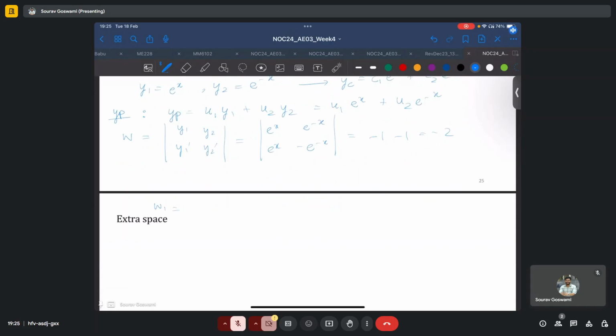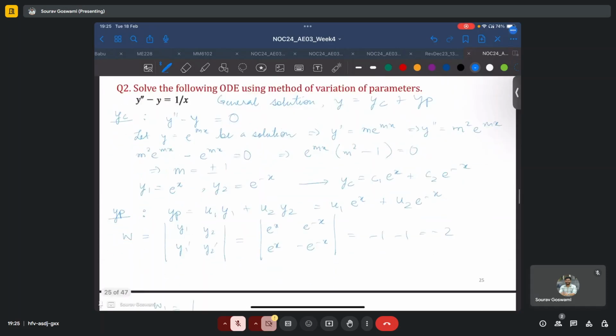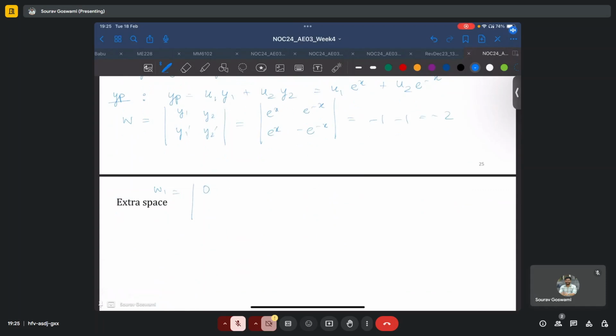The Wronskian w1 will involve replacing the first column of w with 0 and fx being 1 by x. So 0, 1 by x, e power minus x, minus e power minus x, which is minus e power minus x by x.